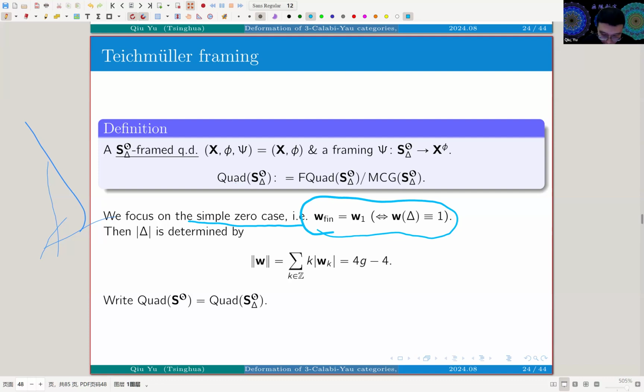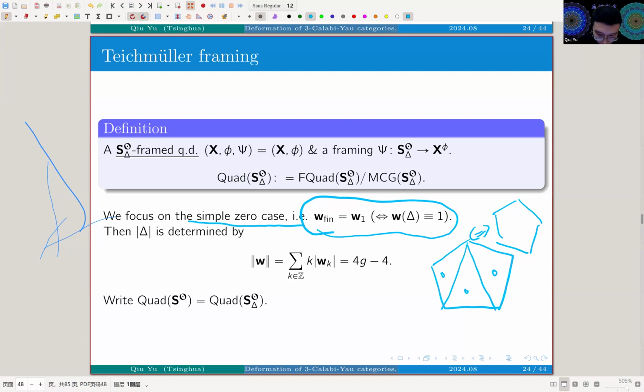You should be familiar with this story in the sense that when I give you a pentagon, I don't need to tell you how many decorations, because you just take a triangulation and I put a decoration for each triangle. This is an invariant for the pentagon. So the pentagon is the data equivalent to a pentagon with 3 simple zeros.